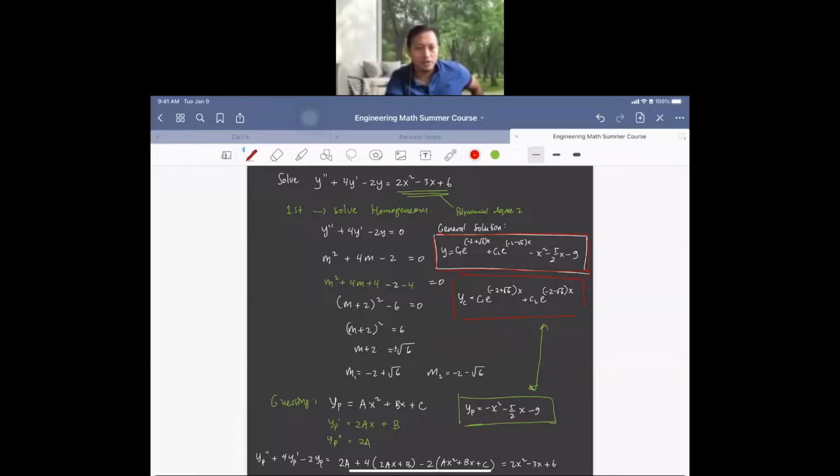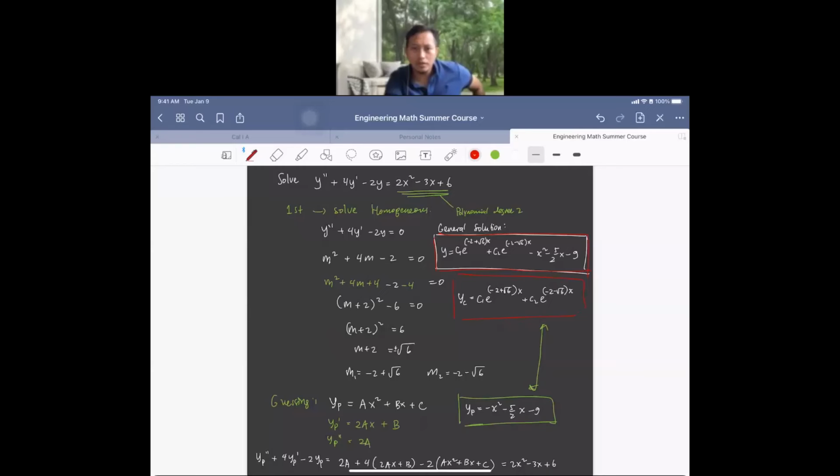So basically, undetermined coefficients is trial and error with the guess you have made, then you check and equate both sides, and that will be your particular solution.